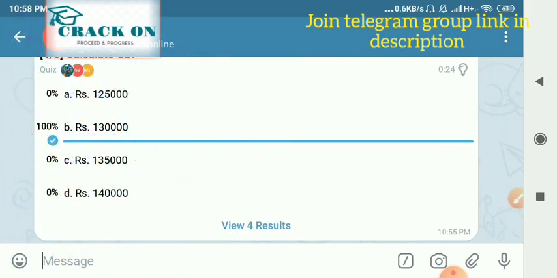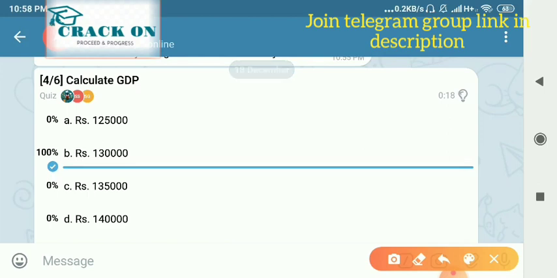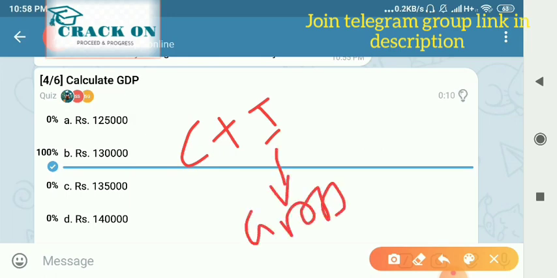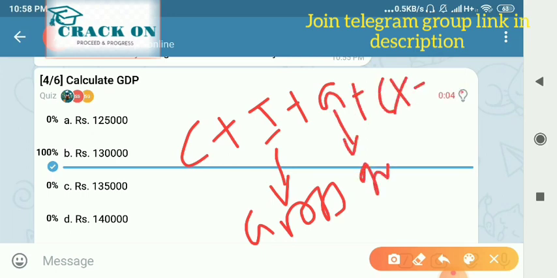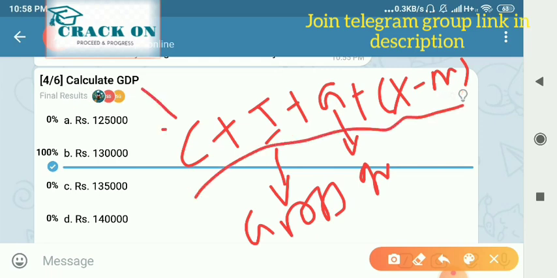This is very important. Just remember the formula. GDP equals consumption plus I, that is gross investment, plus G, government spending, plus export minus import. This is the formula for the GDP.